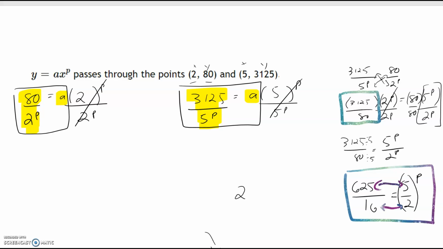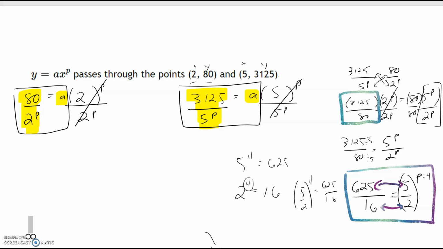So I say 2 to the third is 8, 2 to the 4, with maybe a little bit of guessing and checking. I say, well, wait a minute, 2 to the fourth is 16, so I'm pretty sure that's my value for p. As long as 5 to the fourth is also 625, which it is, meaning that 5 halves to the fourth is 625 over 16. Okay, so we just decided that p was 4.